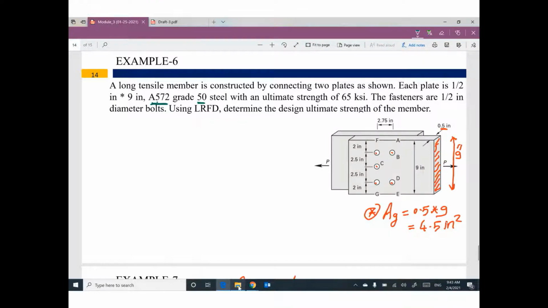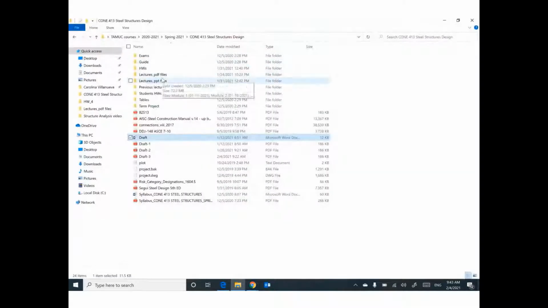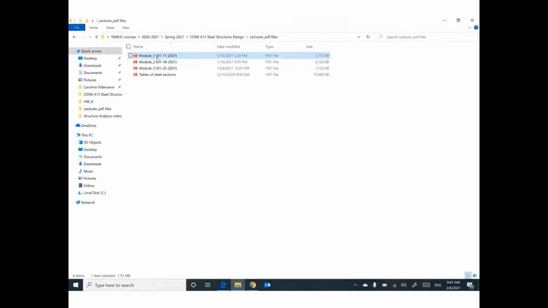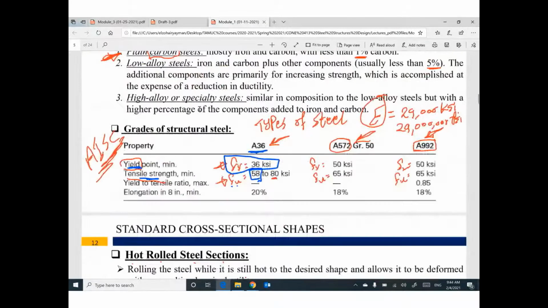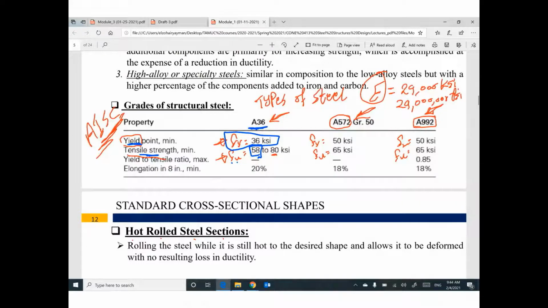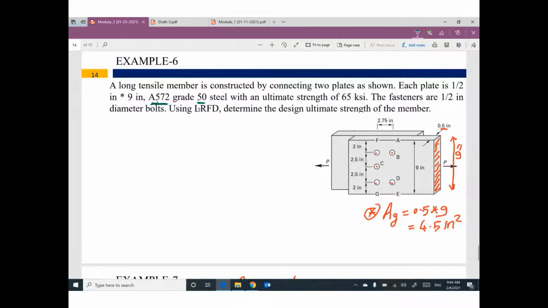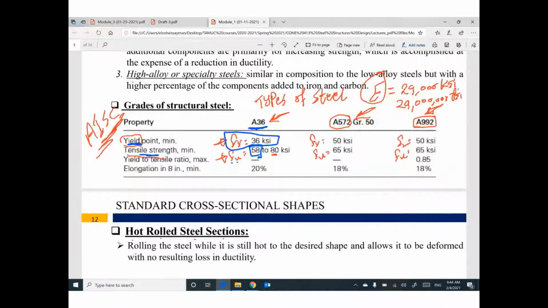If you open your notes, module number 1, if you go down, we have type of steel here, A572. That's the same. So what is the value of F yield? What is the value of F ultimate? 50 and 65.